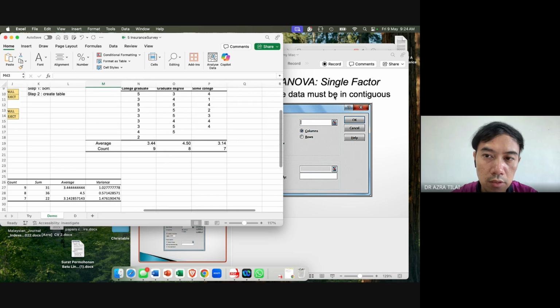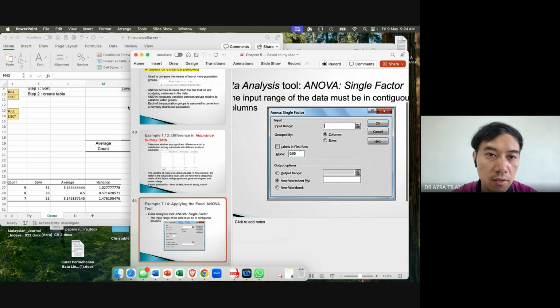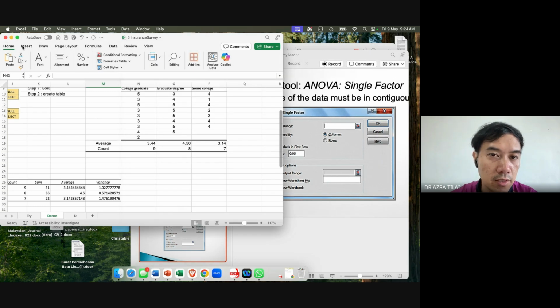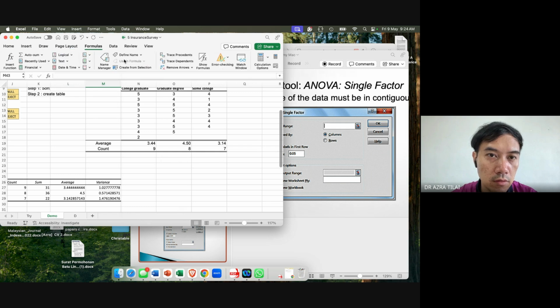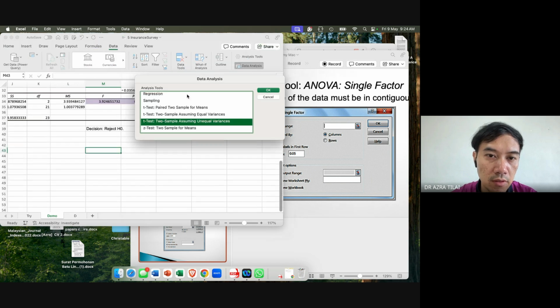The one I want to show you is how to get this ANOVA. You go to Data, then Data Analysis. You find ANOVA.